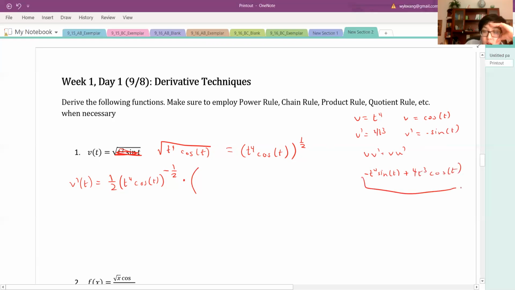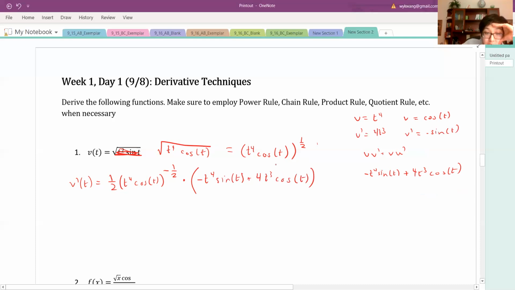Cool, so this is our derivative of the inside function. So we actually have to multiply this function, right, by the derivative. We're doing chain rule, the derivative of the inside function. So we're multiplying by this whole thing, negative t to the 4th sine of t plus 4t cubed cosine of t.